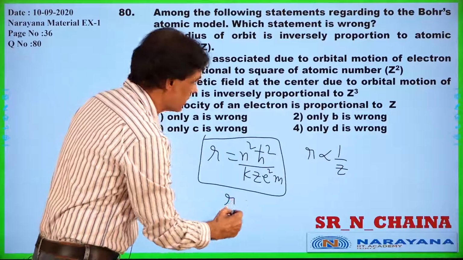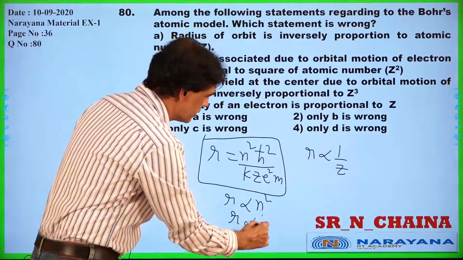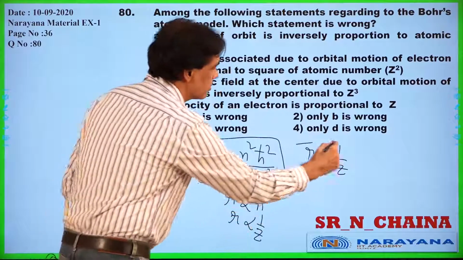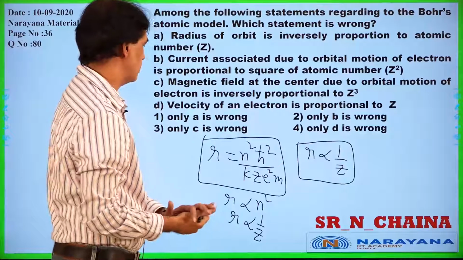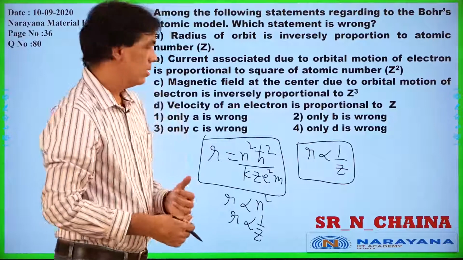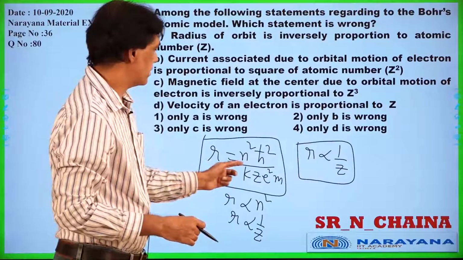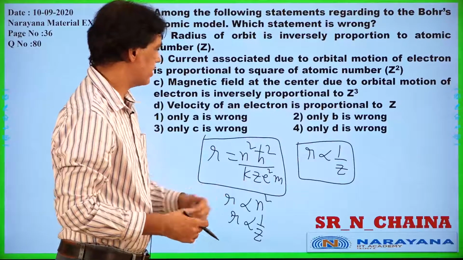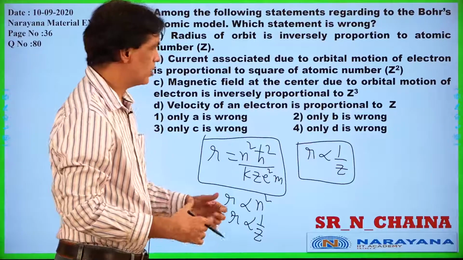From this we can understand that R is directly proportional to n square and R is inversely proportional to Z. So this option is correct. You know this formula: the radius of the nth orbit in a hydrogen atom or hydrogen-like atoms is n square h cross square by k z e square m. By using the first two postulates of Bohr, we get two equations.